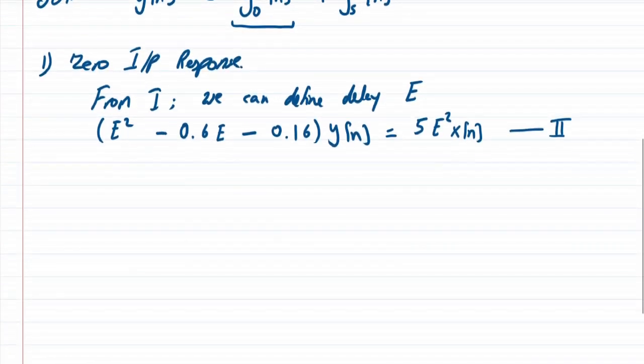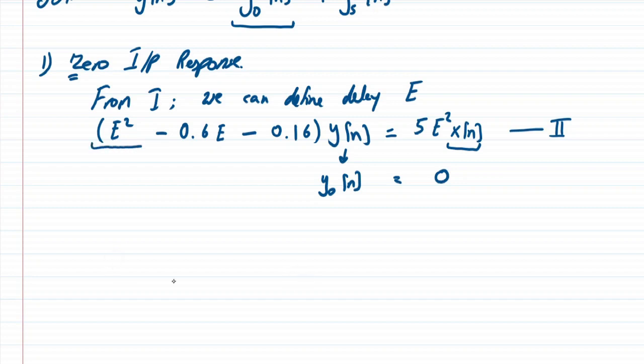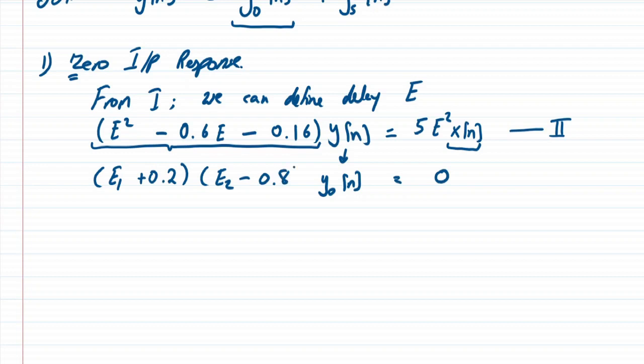Since we are interested in the zero input response, the input is 0, and this leads to y naught of n, the output response when the input is 0. The roots of this polynomial expression would be E1 equal to minus 0.2 and E2 equal to 0.8.